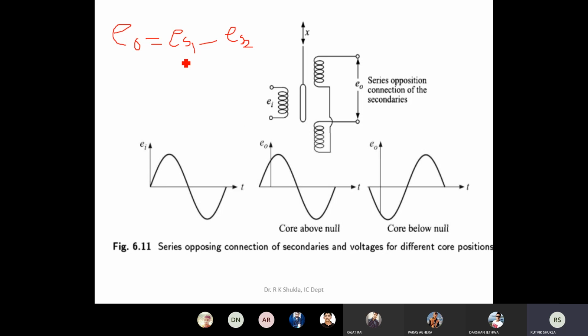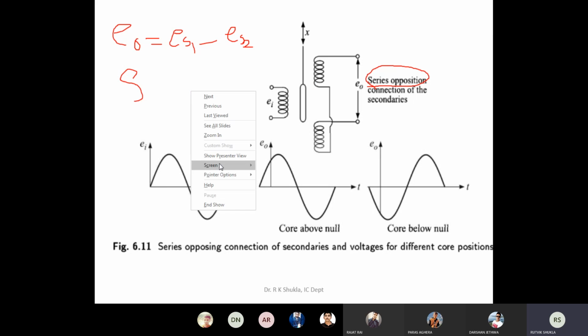Clear? It means the secondary coils are connected in such a way that they oppose each other's fluxes. So when we talk about the coils, this connection is generally called series opposition. Here you can see both of them are connected in series, but they are connected in opposition. This is generally followed by the dot convention.